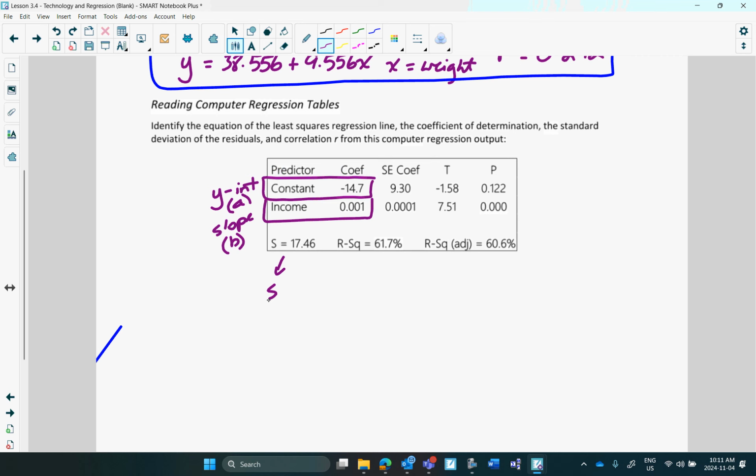R squared, remember, we didn't express as a percent, we expressed it as a decimal. So R squared would be 0.617 as a decimal.